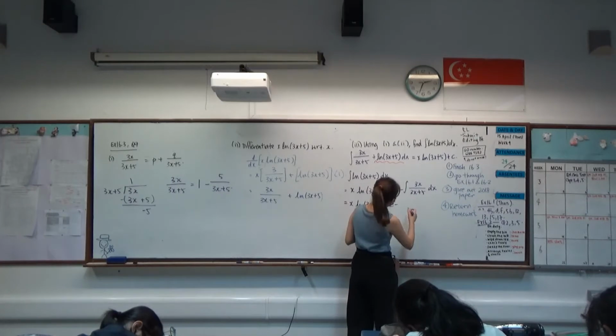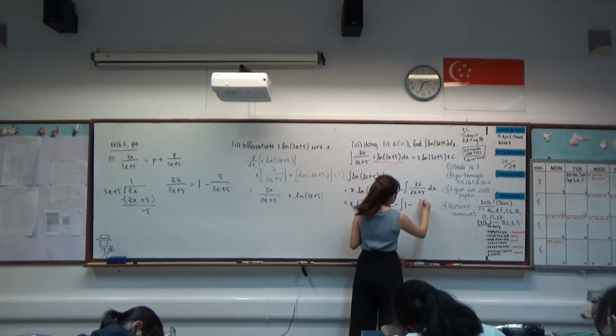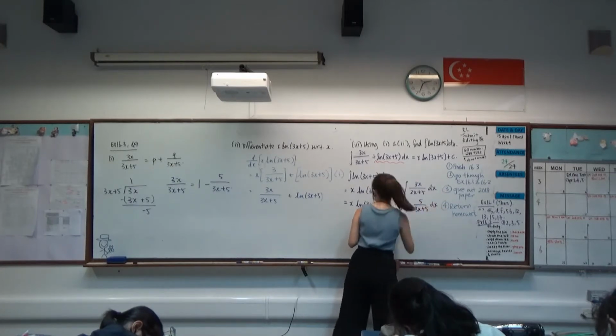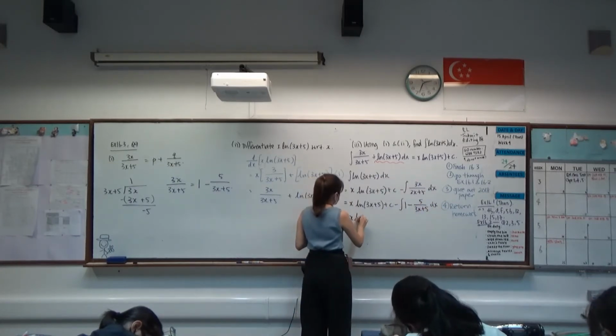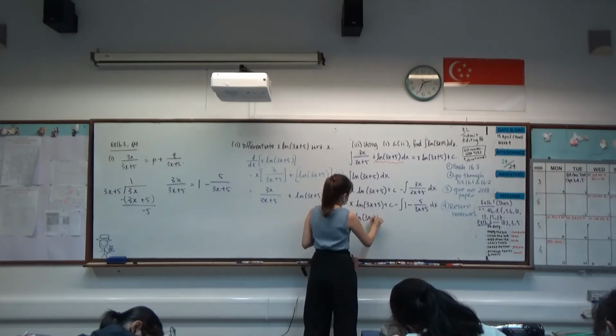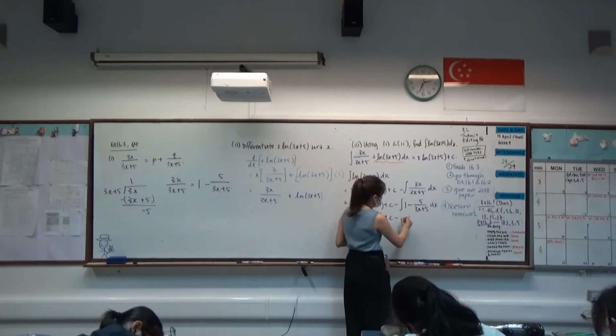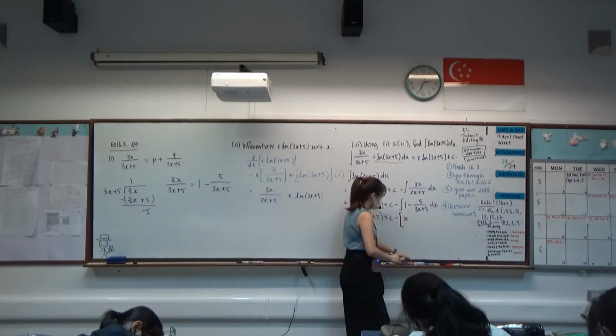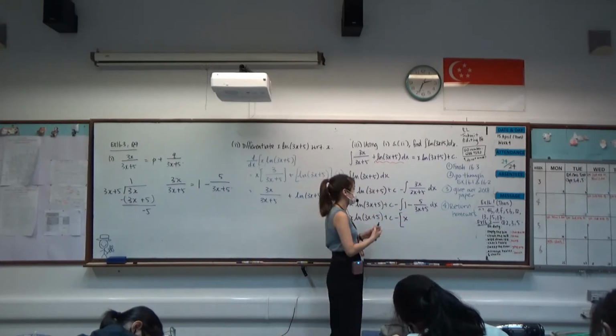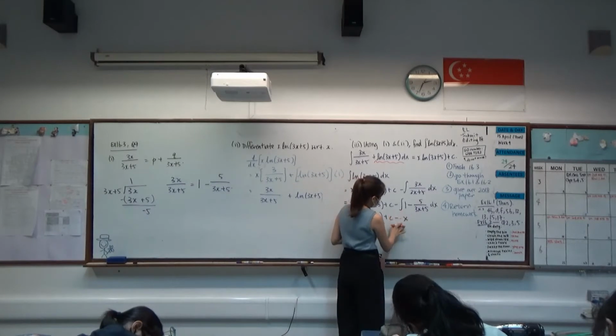So therefore this one becomes 1 minus 5 over 3x plus 5 dx. So the integration of 1 is x. Do remember to put in the brackets here so that we can solely focus on the integration.